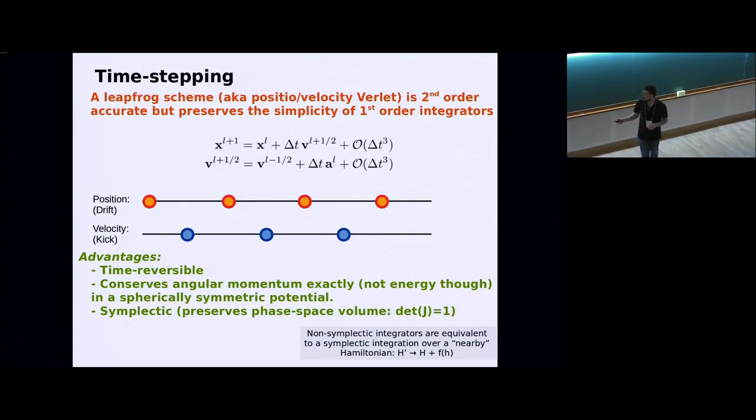So you can assume a different Hamiltonian that is the original Hamiltonian plus some function of delta t, the interval, and the symplectic solution to H prime is like the non-symplectic solution of H plus some function of the time step.